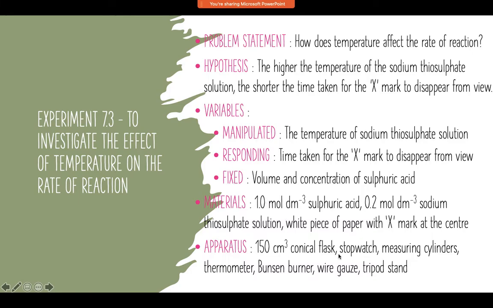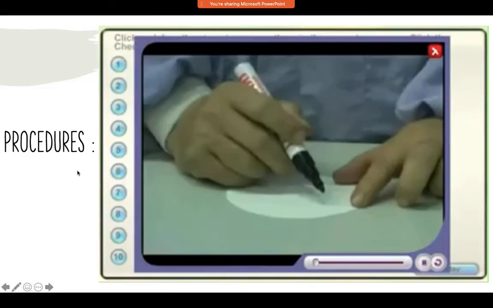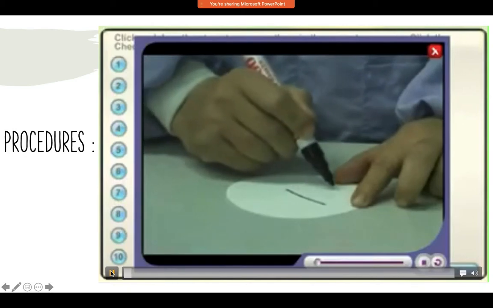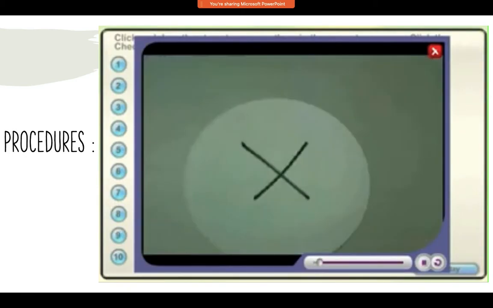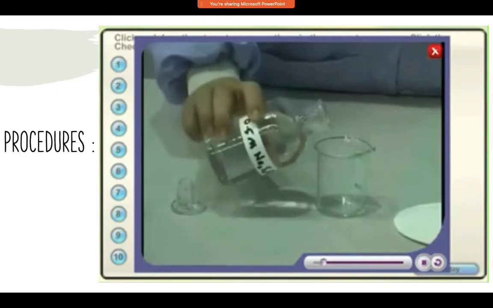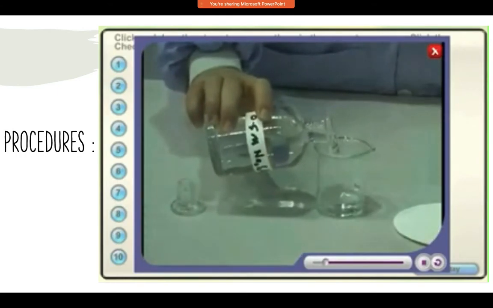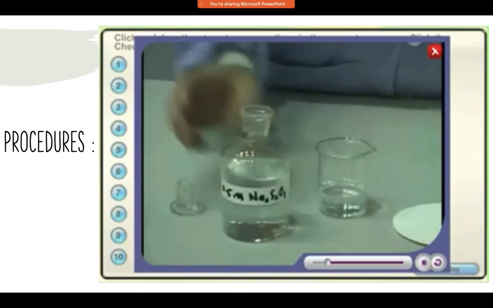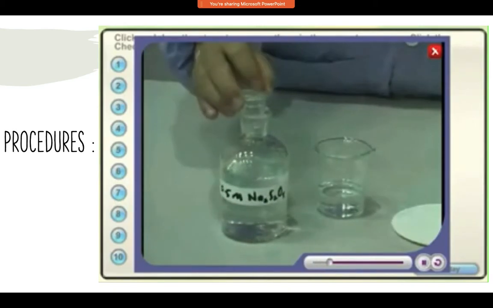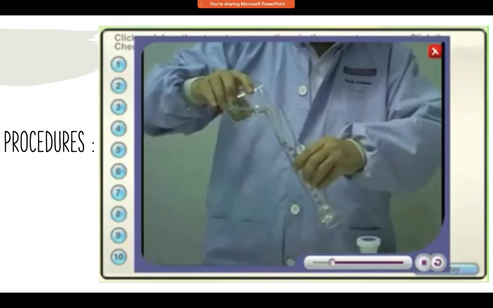Then this is the apparatus used. Next, let's look at the procedures. Draw an X about 2 by 2 centimeters in the center of a piece of white paper. Measure out 25 cubic centimeter of 0.5 mol per cubic decimeter sodium thiosulfate solution using a 100 milliliter measuring cylinder.